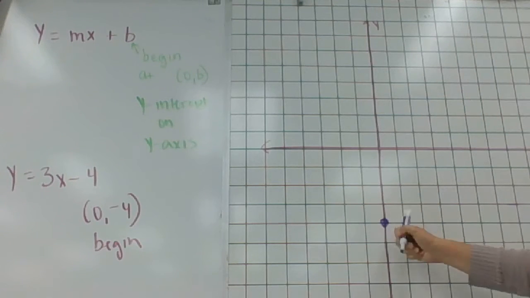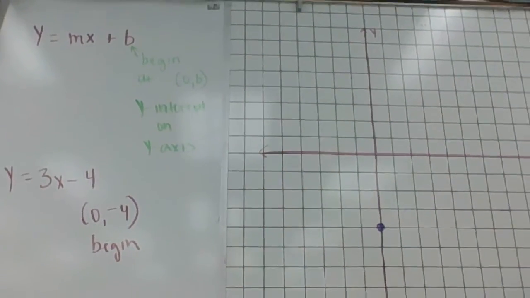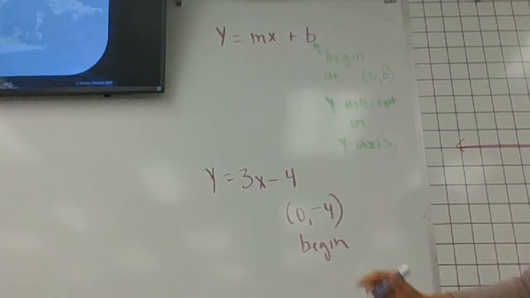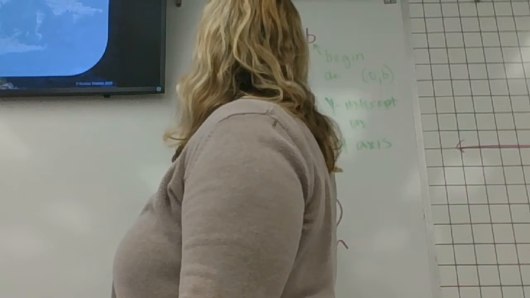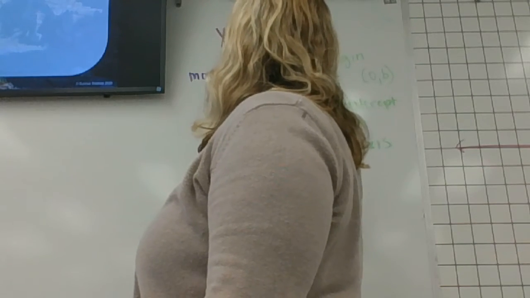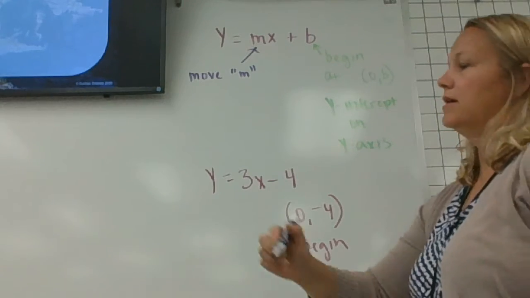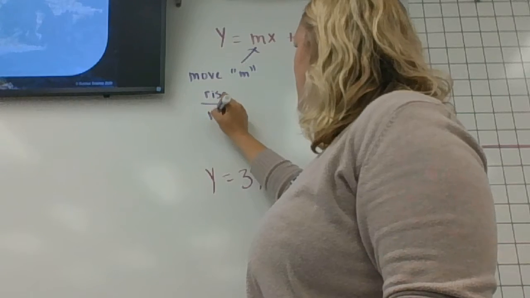Alright, so there's my first starting off point at 0, -4. After you begin on the B value, you move the M value. This is a linear equation. We move whatever M is, and the movement you do is rise over run.